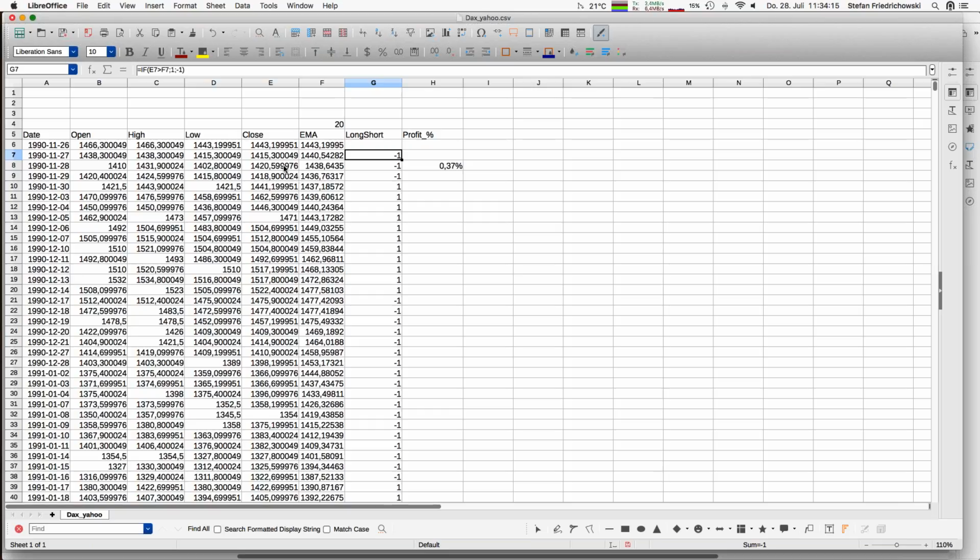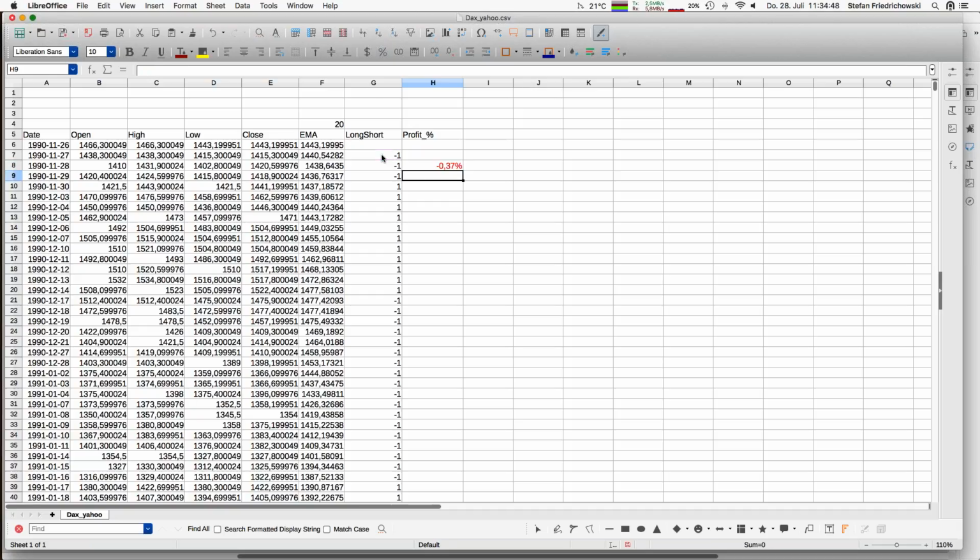And that means, in this case, this 0.37% has not been a profit. No, it has been a loss. And this is quite easy because we have been short. Now we simply can multiply this by our long-short indicator, but we have to take the previous day, because during the day we will never change our trade direction.